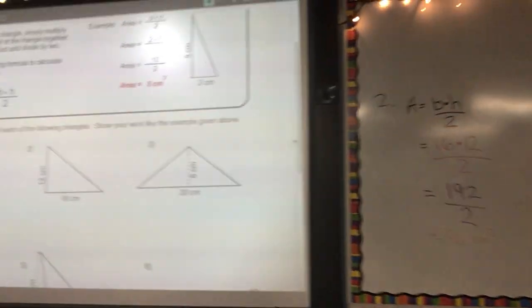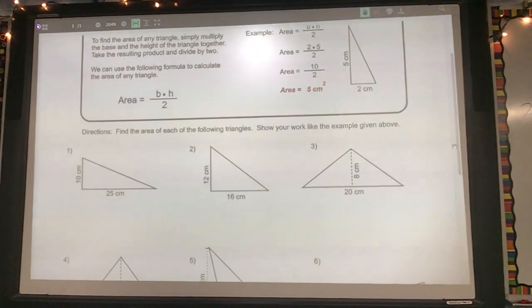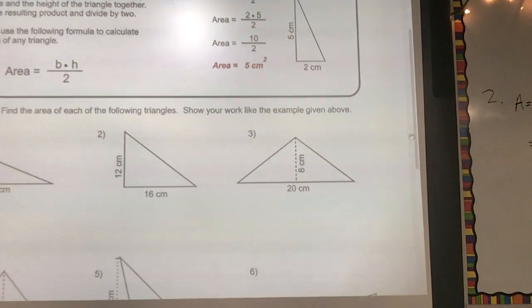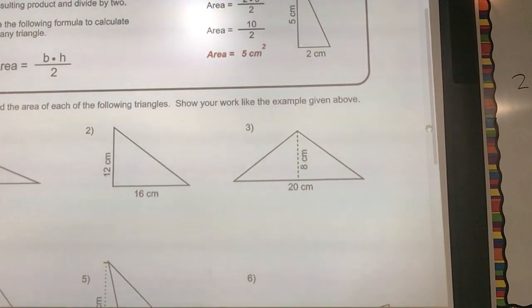All right. Number 3, I want you to do with 1 or 2 people in your area while staying in your seat. Number 3.